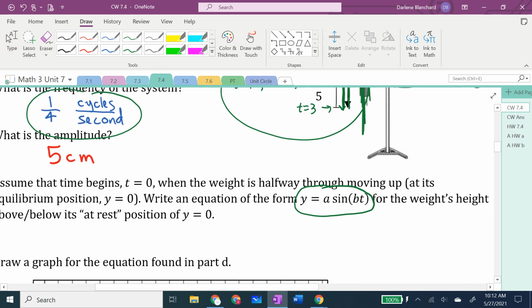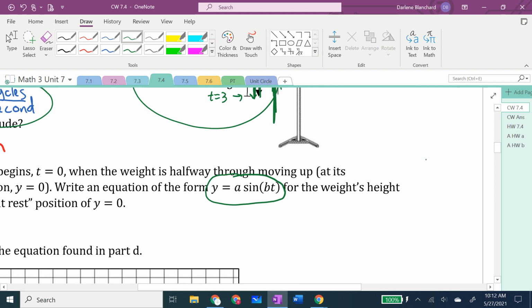So what that's trying to say is, if this is the y-axis and this is a time axis, then I am starting at y position 0 at time 0.